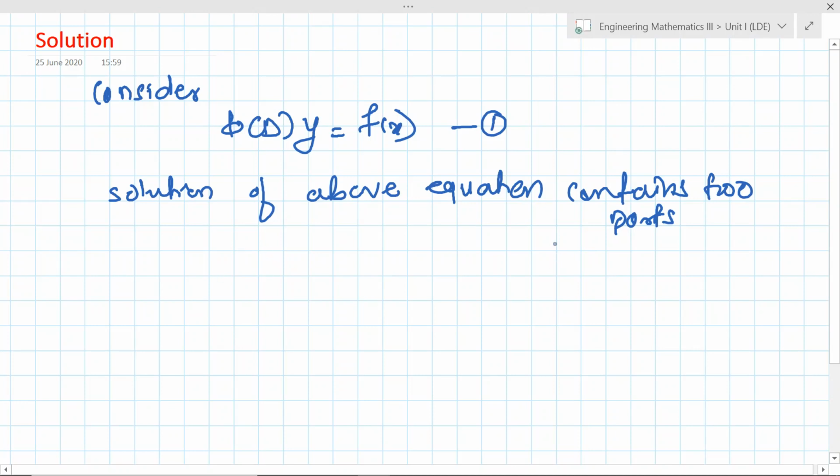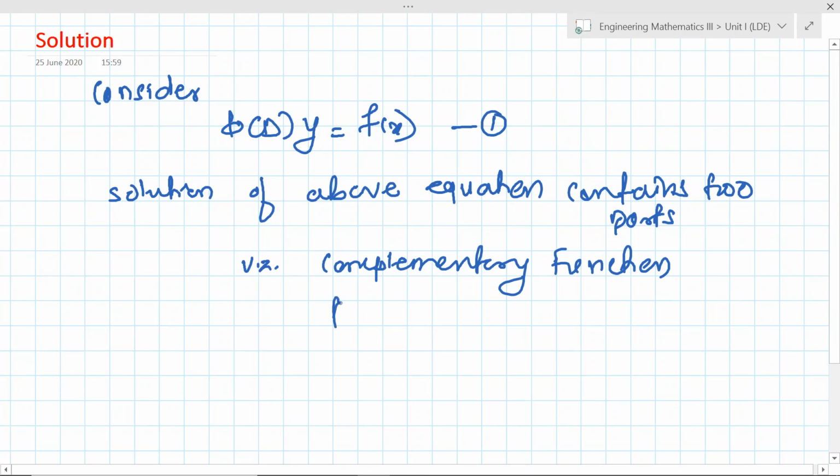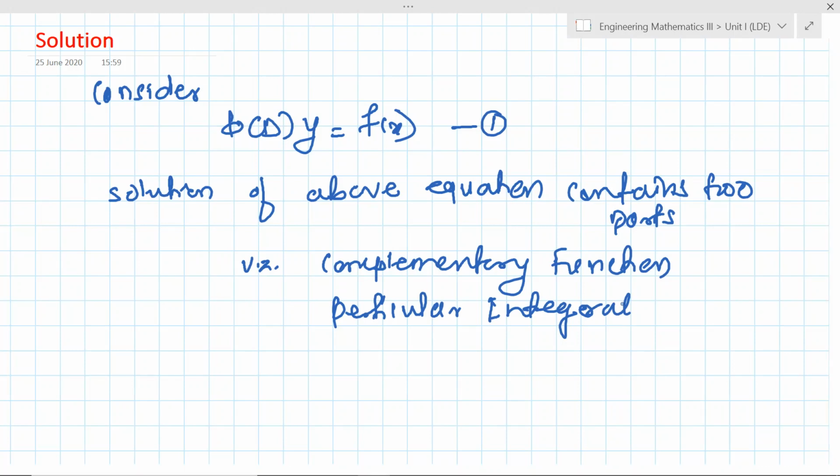So it is namely the complementary function and the second is the particular integral. If we want a complete solution of this equation, we have to find both the parts.